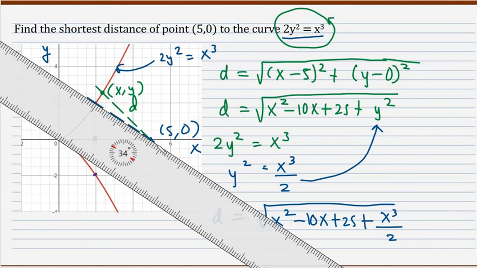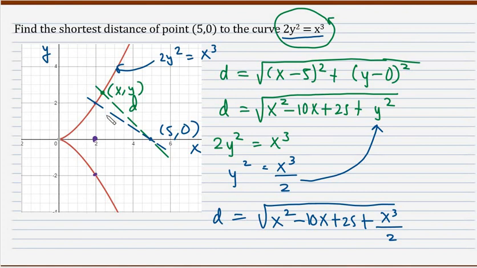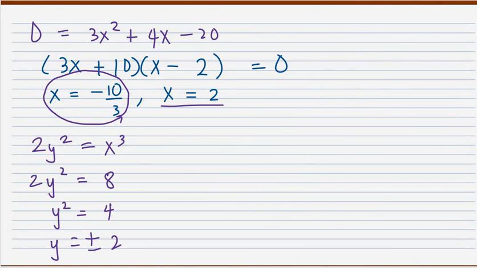That would be the correct position of the shortest distance line, but I didn't know it yet in the first part. Now that I have solved it, I see that this is the shortest distance, either this one or the line where y is equal to negative 2, but they would produce the same length.